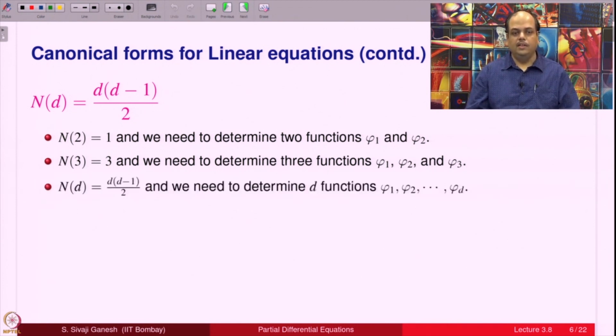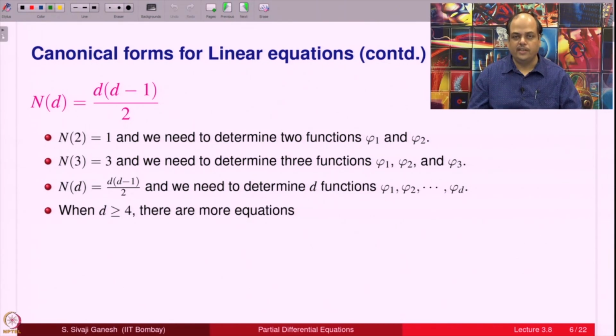But d into d minus 1 by 2 equations to determine d functions, this number is much more than d if d is bigger. When d is greater than or equal to 4, the number of constraints to find the functions phi 1, phi 2, up to phi d is bigger than d.